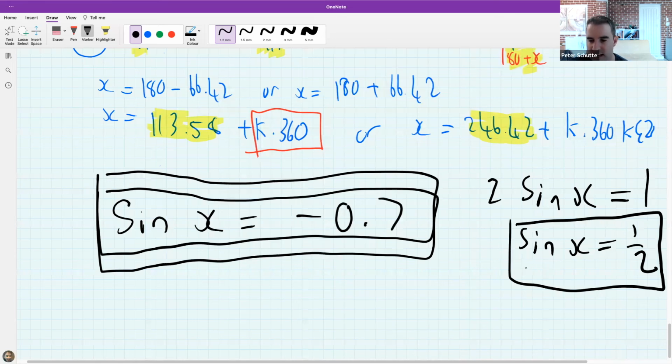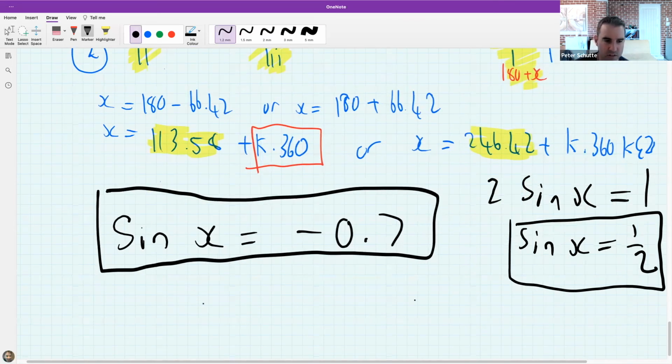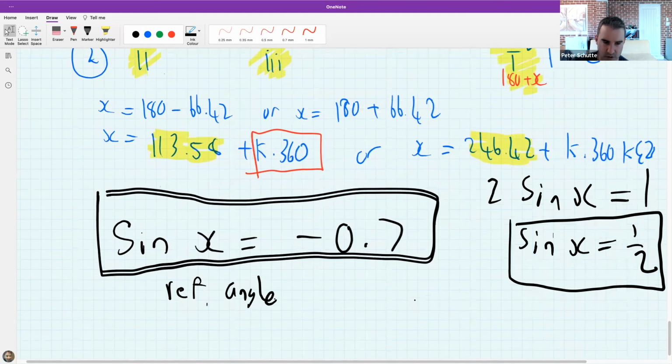But once it's in that correct form, then you can do the method that I'm showing you now. In the time that we have left, that's the best answer I can give you: you do a bit of work before, and then you can apply this method. If you get a question where it's just the trig function number, then you can go straight to this: what's the reference angle, what are the quadrants, etc.